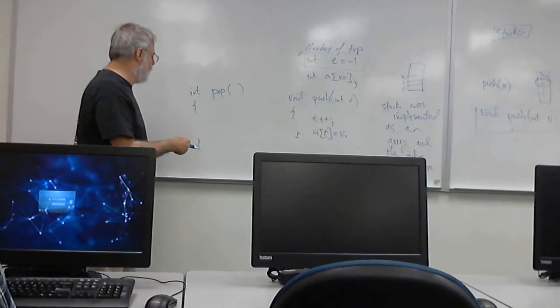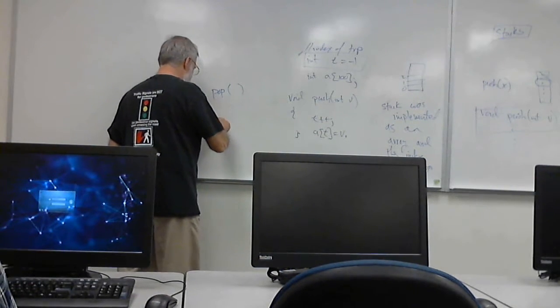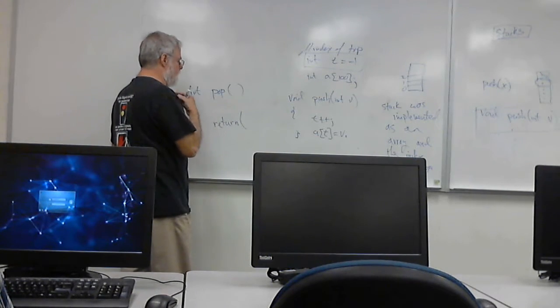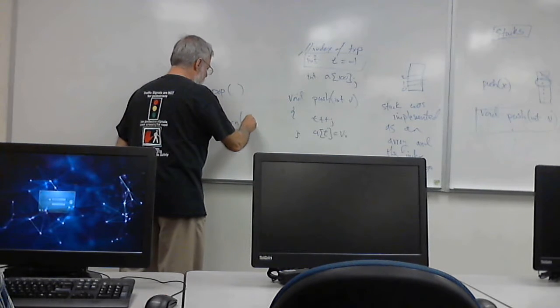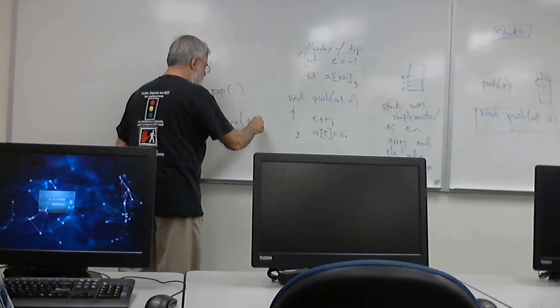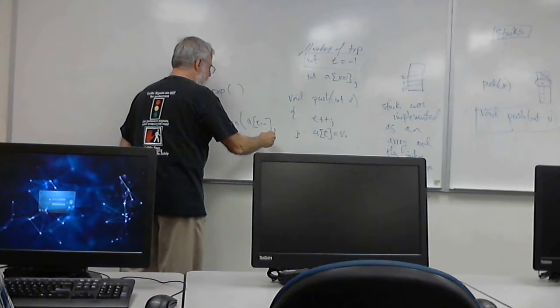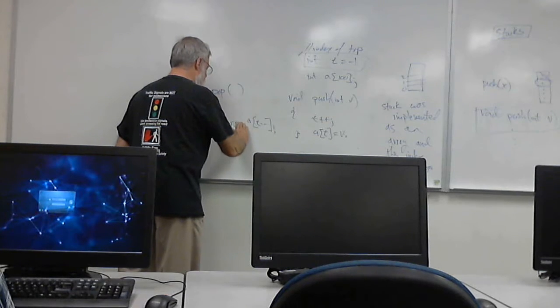Pop. We want to return whatever's on top of the stack and make the stack one smaller than it was. So you can say return a brackets t minus minus. Oops, I don't really need a parenthesis there.